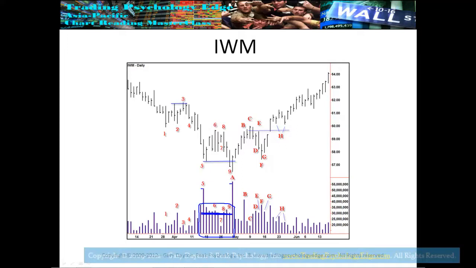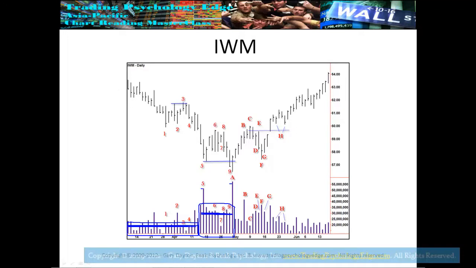This is something you need to train your eye to do. Look at all the volume here. If I block that out, preceding this, and did that average, it's probably in here somewhere, maybe slightly higher, I don't know. All right?